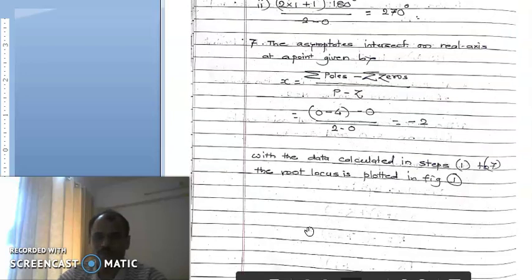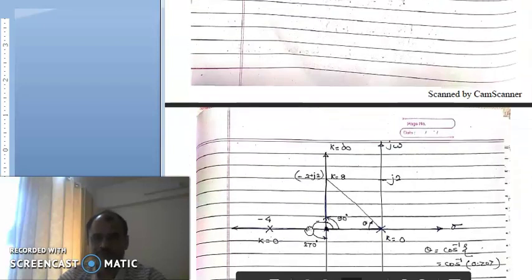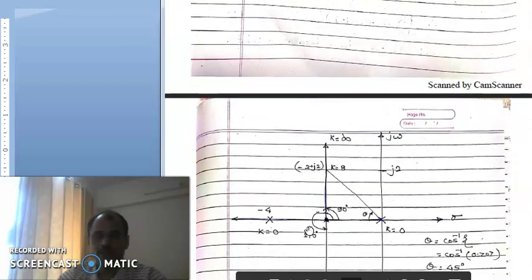So when we construct a root locus using this data obtained from the 7 steps, first, step number 1, put the number of poles. The root locus begins with 2 open loop poles. We have 2, so cross at 0 and cross at -4.